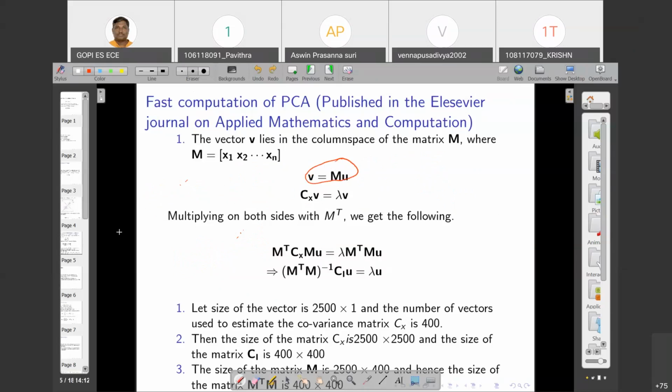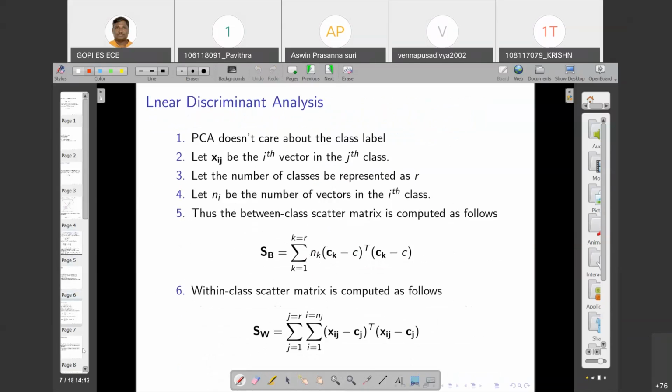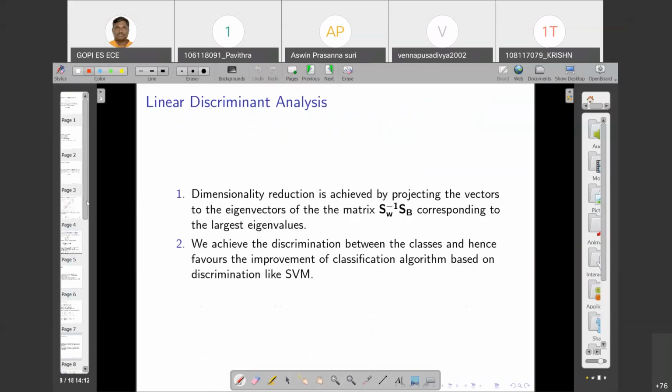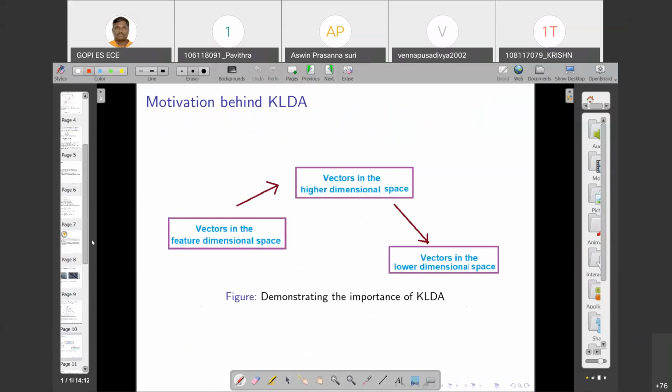Okay. Now coming to KLDA. LDA we already discussed. So the motivation behind KLDA: as you know, we have a vector in the feature dimension space, of size 2500 cross 1.